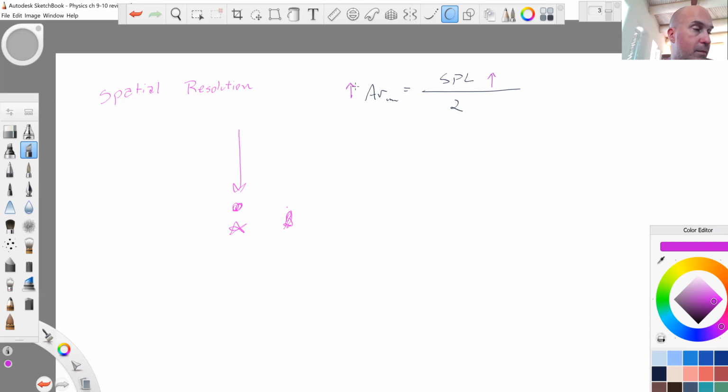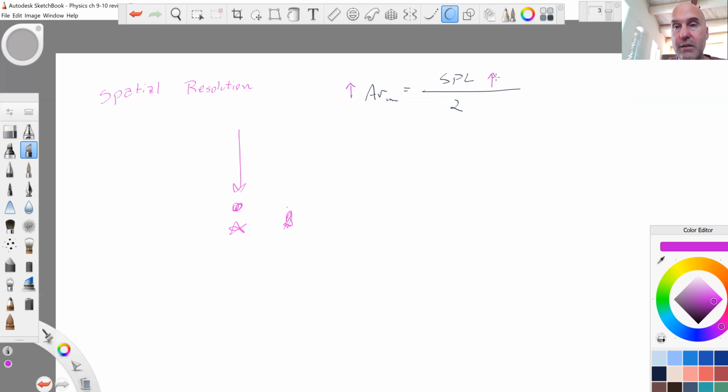Number 4, if there are more cycles in a pulse. Did I just do that one? I did. Number 5, if a pulse transducer has many more cycles in its pulse, the image accuracy degrades. So I just said that.